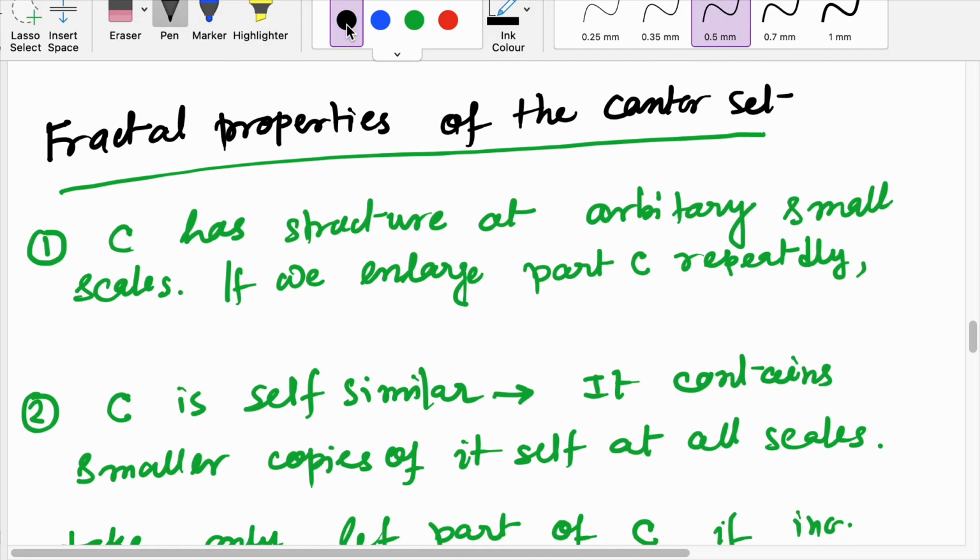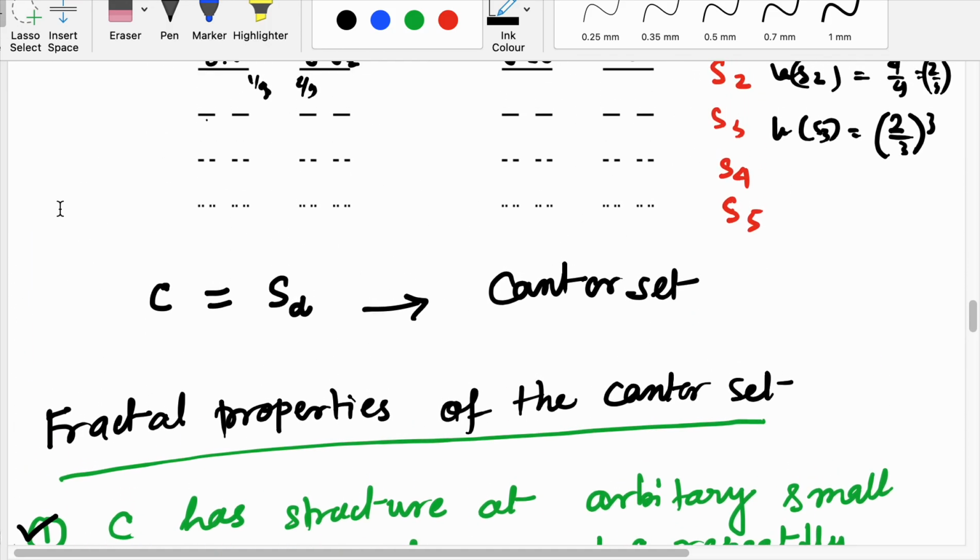First of all, if I have a fractal and I zoom in to arbitrarily small scales, we will find some kind of complicated looking structure. For example, in the Cantor set, if you go to an arbitrarily small scale and rescale that small region, you will find a Cantor set which is reminiscent of the whole set.